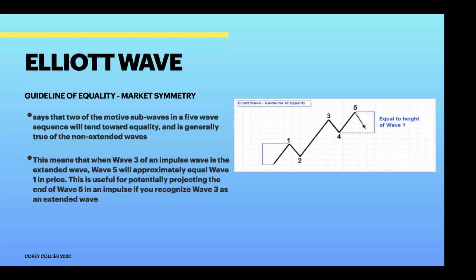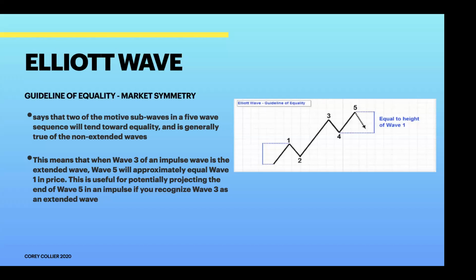What that means, guys, is earlier I said wave 3 is usually the longest wave, or the extended wave of the 5 impulses. So what the guideline of equality says is that wave 5 will approximately equal wave 1 in price. So let's say wave 1 was the extended wave.